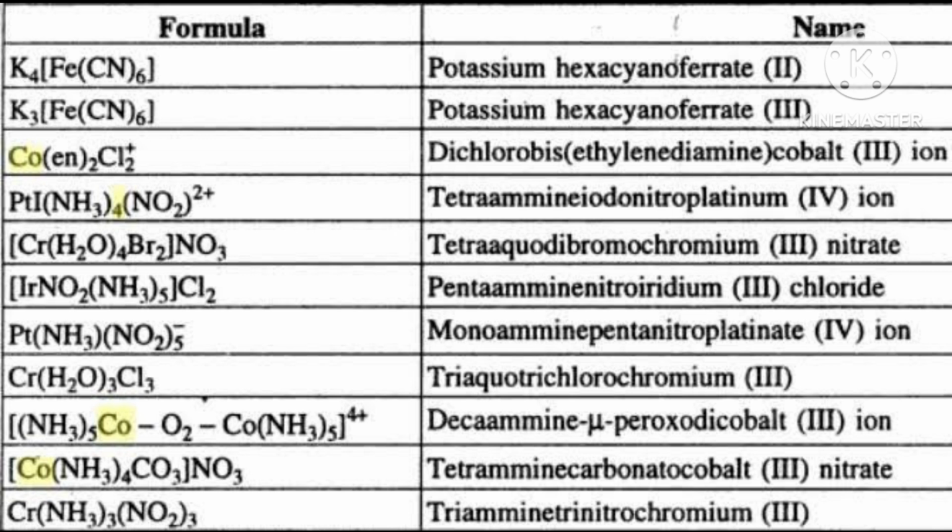IUPAC has given importance to alphabetical arrangement, not by charge. Now I am telling you about the naming of mononuclear coordination compounds. That was the entities what I discussed. Mononuclear coordination entities means in square bracket, the rules I have discussed.